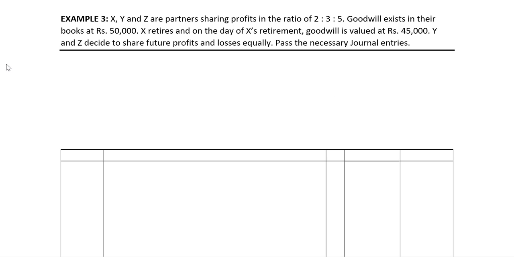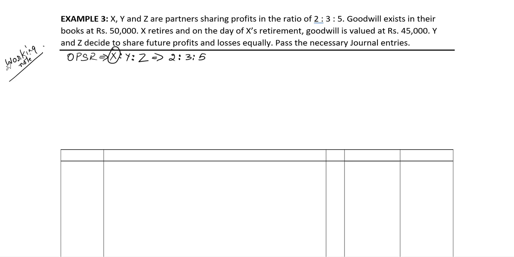So we'll begin with the working note to calculate the gain and sacrifice of each partner. As per the problem, old profit sharing ratio between X, Y and partner Z is equal to 2:3:5.